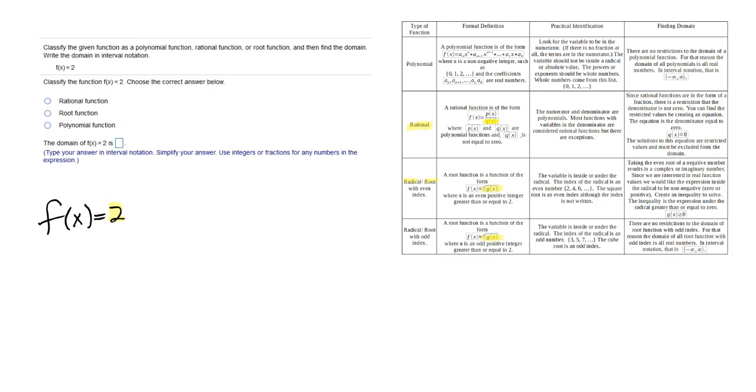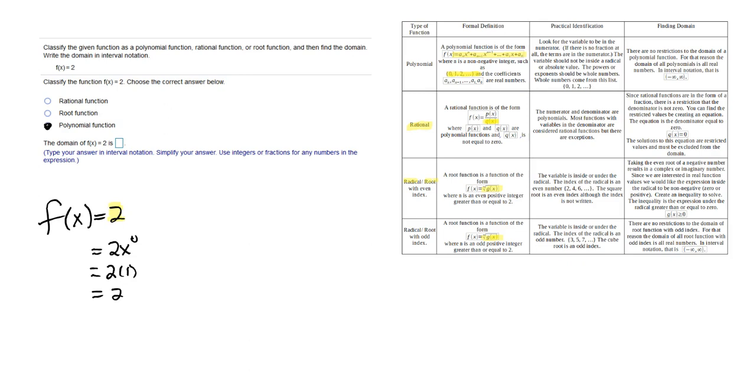And then when we're looking at polynomial functions, the main thing is when you have a variable, that variable needs to have a nice whole number power. And the whole number powers are these right here, 0, 1, 2, 3. This one doesn't even have a variable, but it's still considered a polynomial function. So we can consider it to be 2x to the 0 power because x to the 0 power would be 1, which is the same thing as 2.